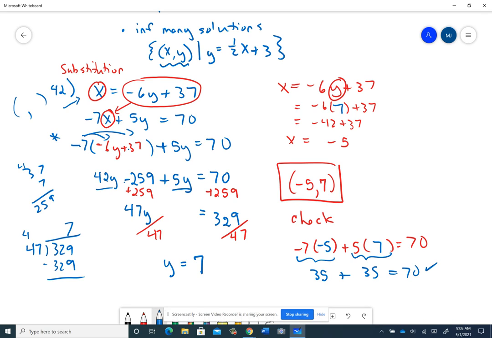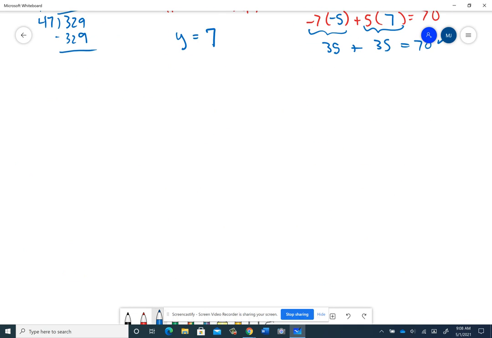Okay, that's 42. All right, so let's look at two more, 43 and 44. Okay, so 43, this is a classic elimination style.